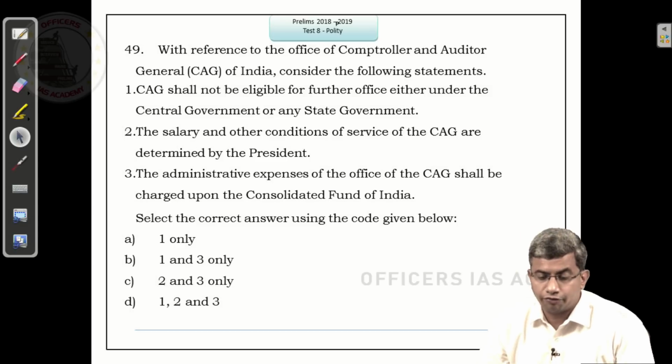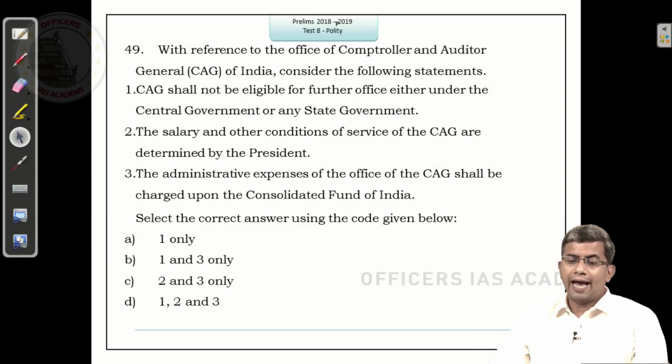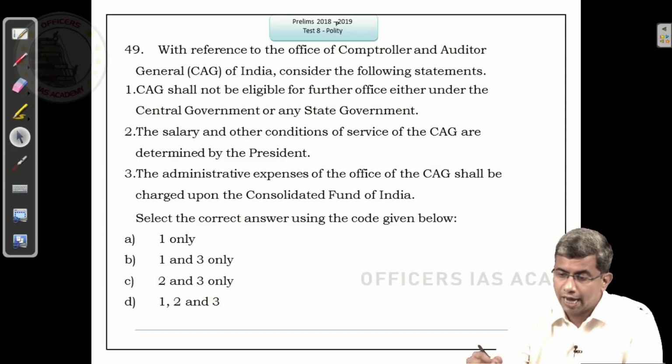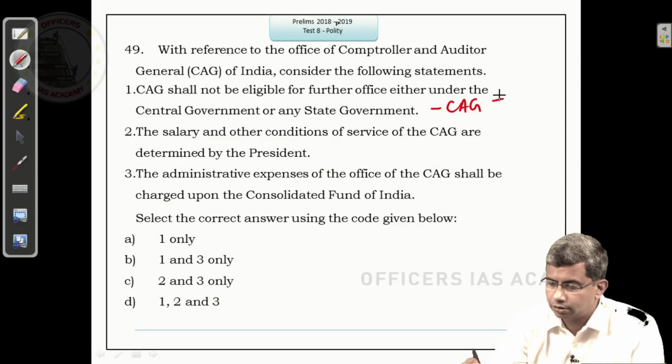With reference to the office of CAG of India, consider the following statements. CAG shall not be eligible for further office either under the central government or any state government. Yes, this is a condition which is stipulated only for two authorities, the CAG plus UPSC chairman.